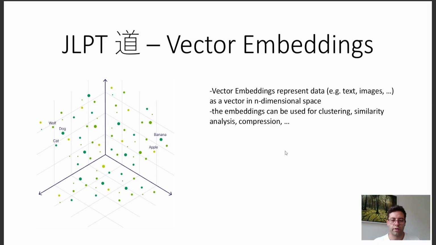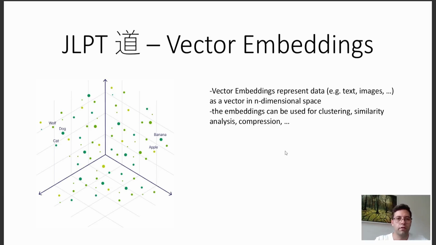So this data that is represented as vector embeddings could be anything, most commonly text or images. And these embeddings, so those vectors, they can be used for lots of different things. For example, they can be used for clustering, for similarity analysis or compression, and many more applications of vector embeddings.